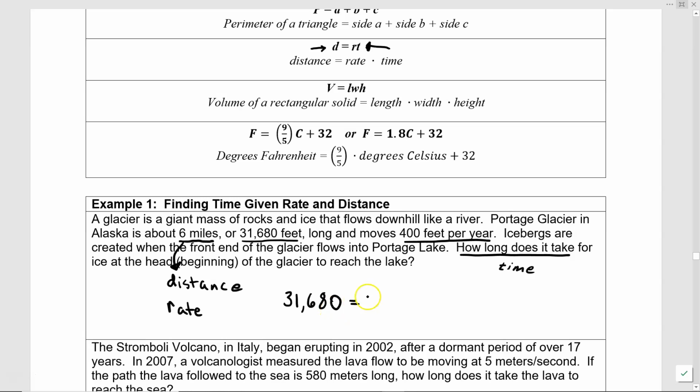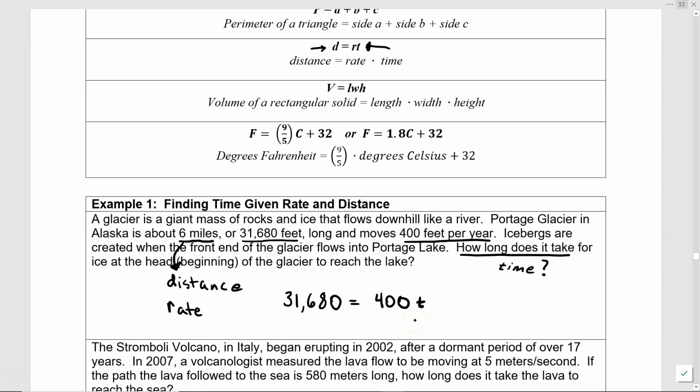And then on the right-hand side, we have rate times time. Now, they're asking for the time. So we're actually going to leave that time alone. We're just going to put in 400 feet per year in for the rate. So now we have 400t.